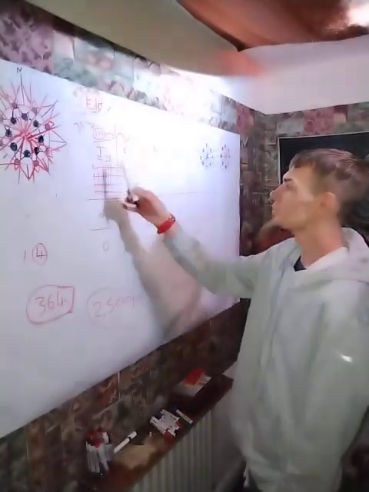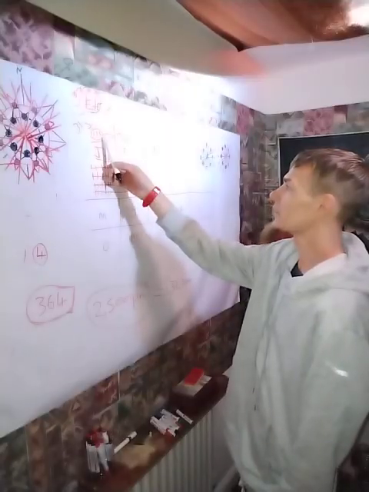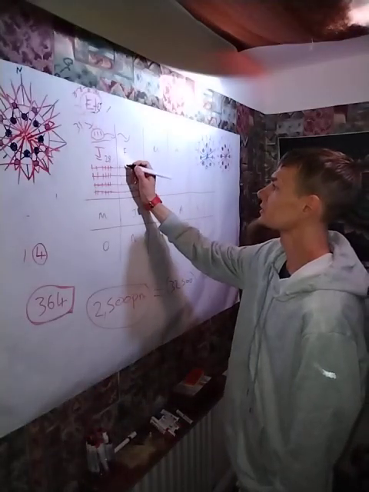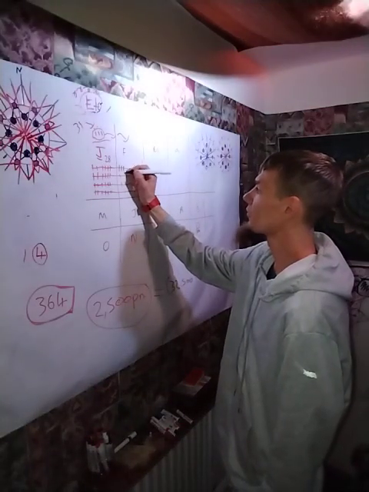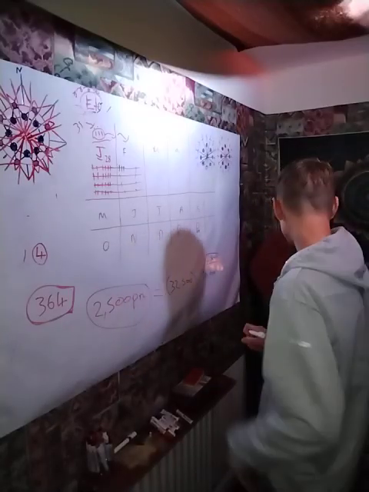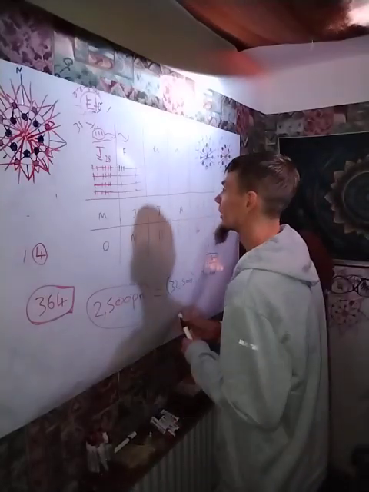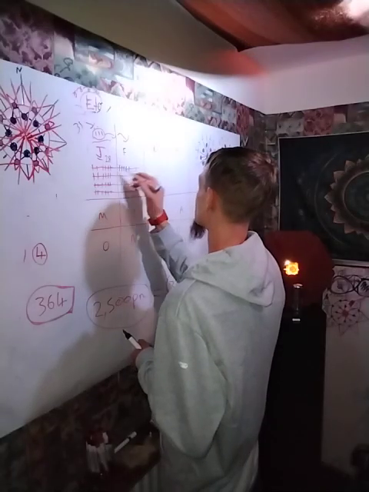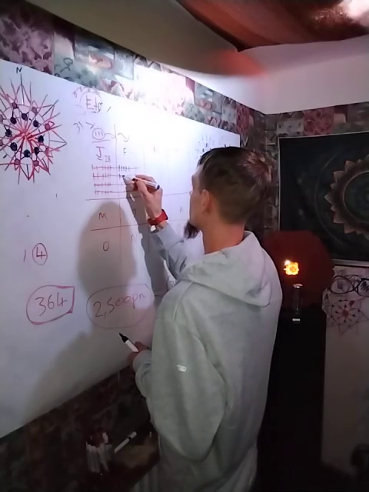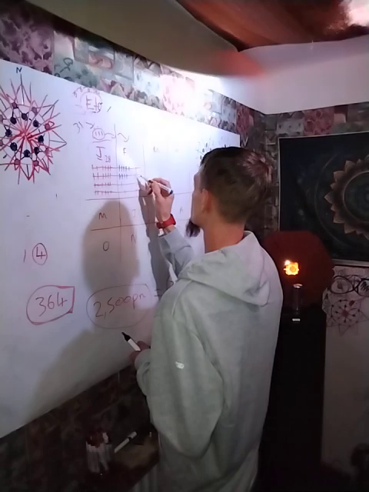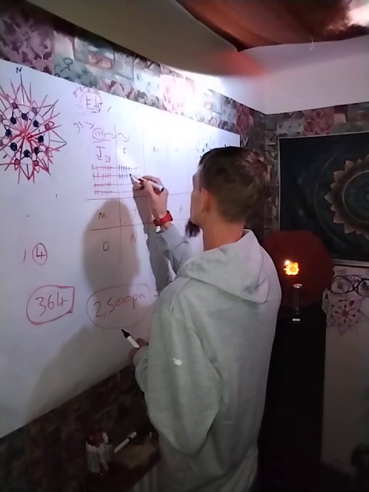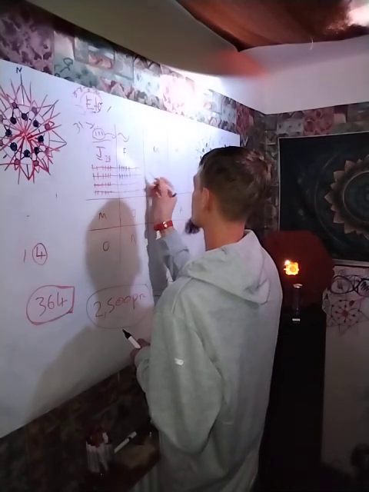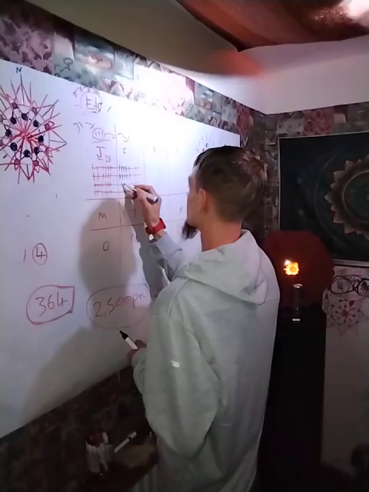If you were born on these months here, then these first 1, 2, 3 would be your birth chart, wouldn't it? 3, 4, 5, 6, and 7, 8, 9, 10, 11, 13, 14.